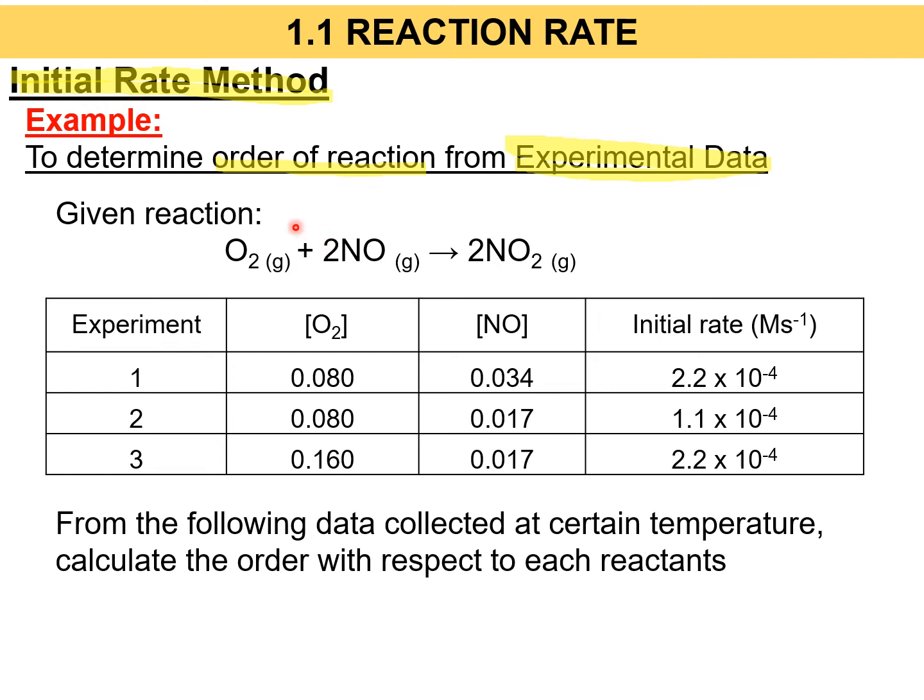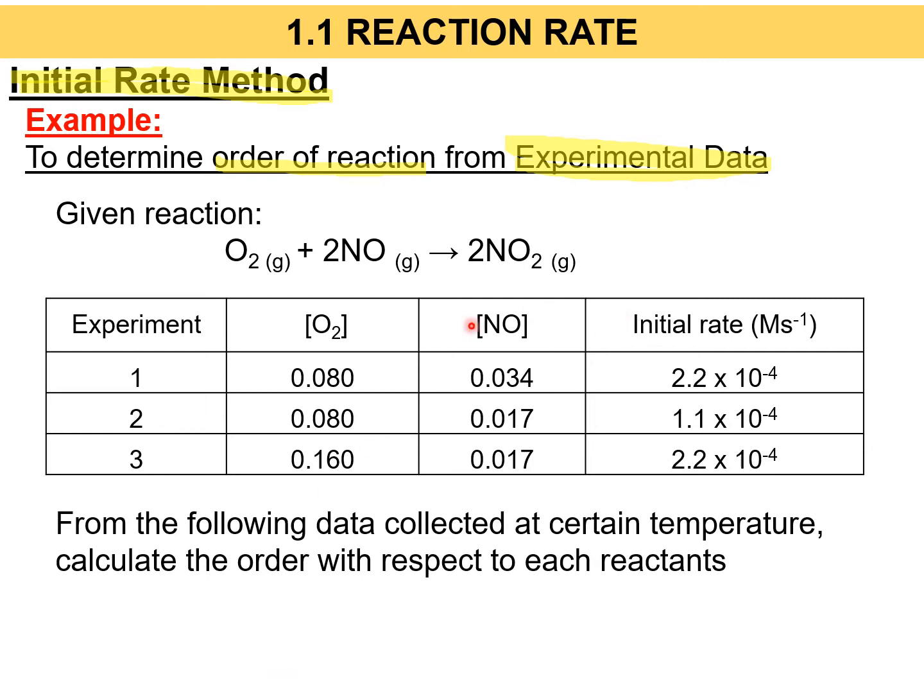Contohnya lah, kalau you ada chemical reaction di mana you nak menghasilkan nitrogen dioxide, so the reactants are oxygen and nitrogen oxide. Okay. And then, from the following data collected at certain temperature, calculate the order with respect to each reactant. Okay.